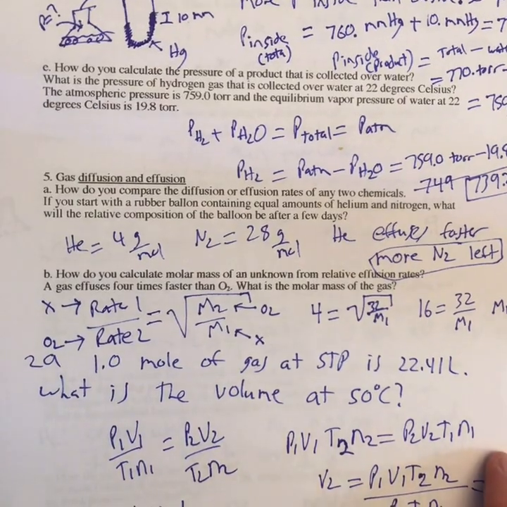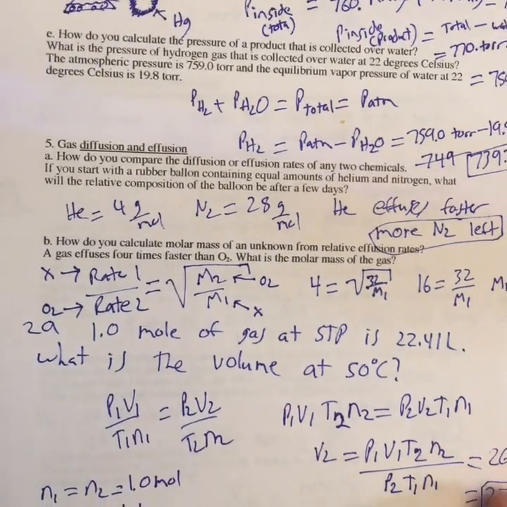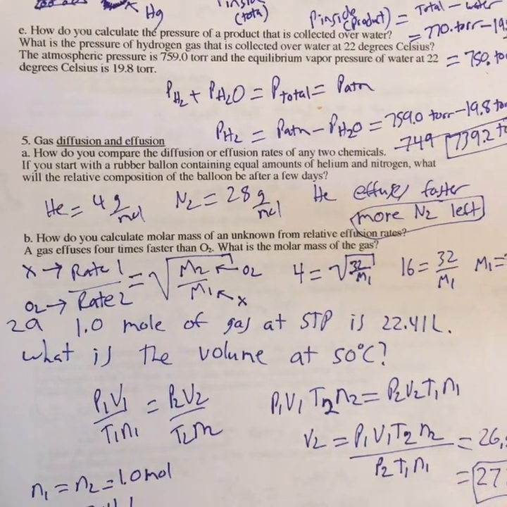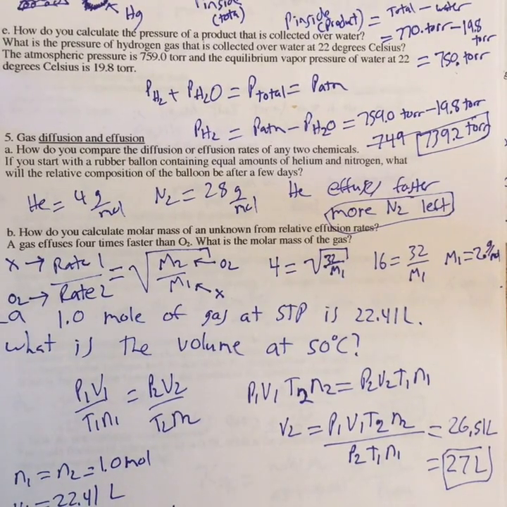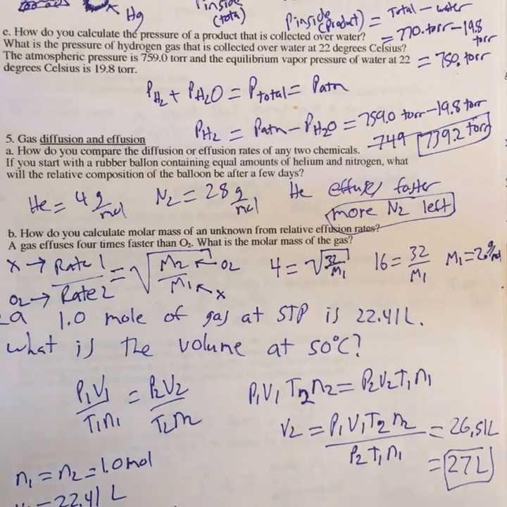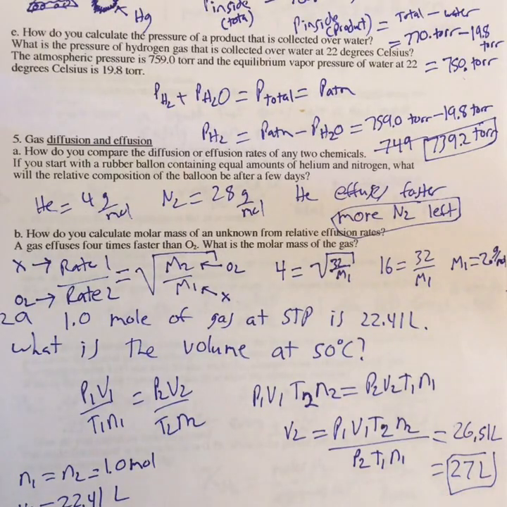Okay, so I wasn't able to record for a while, so I just finished up the writing part. So the equation is rate 1 over rate 2 equals square root of molar mass of the second gas over molar mass of the first gas. So it flips the 1 and the 2. I like to set it up so that it's a number bigger than 1.